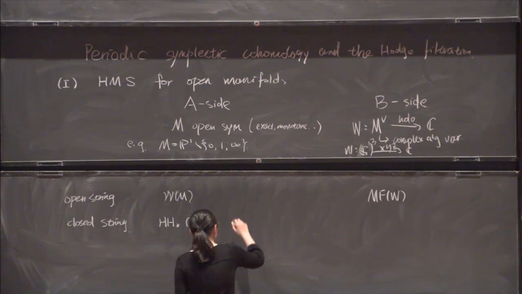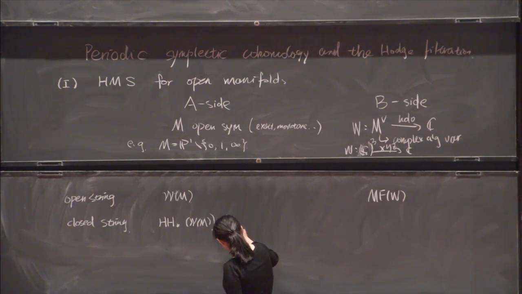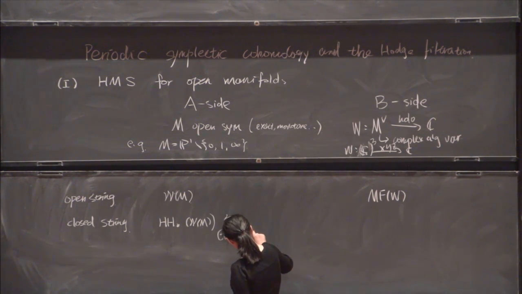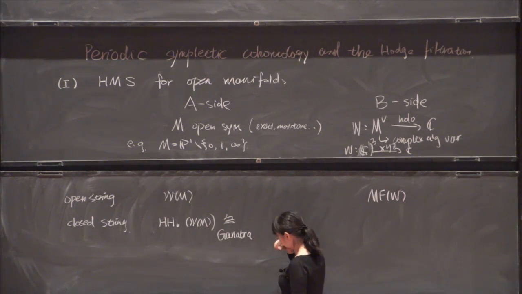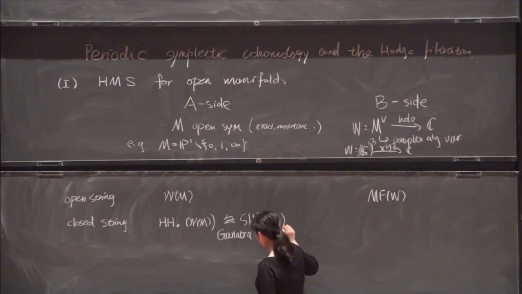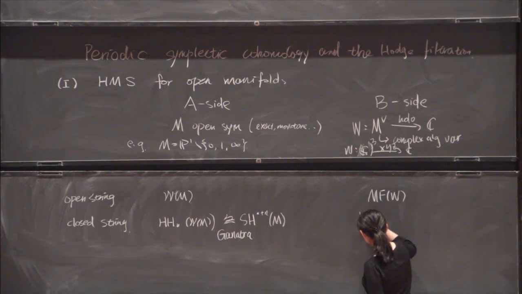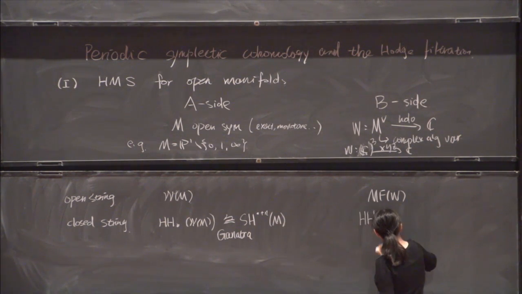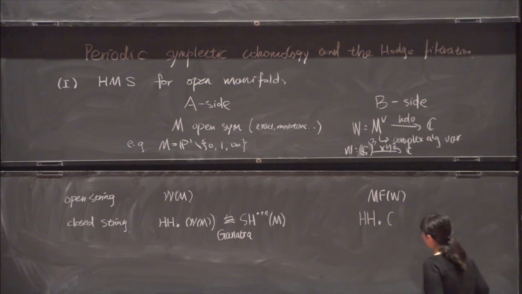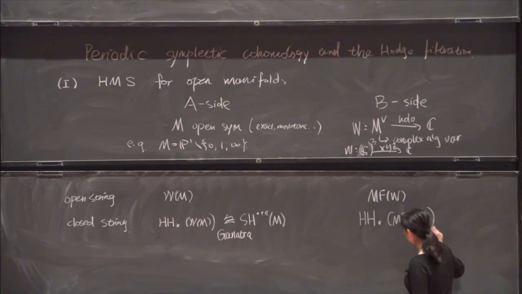On this side, it's a conjecture first by Seidel and proven by Ganatra, under the assumption that the Fukaya category has enough objects, that this is just the symplectic homology shifted by a certain degree. And if I look at the matrix factorization side, I will take the Hochschild homology of matrix factorizations.